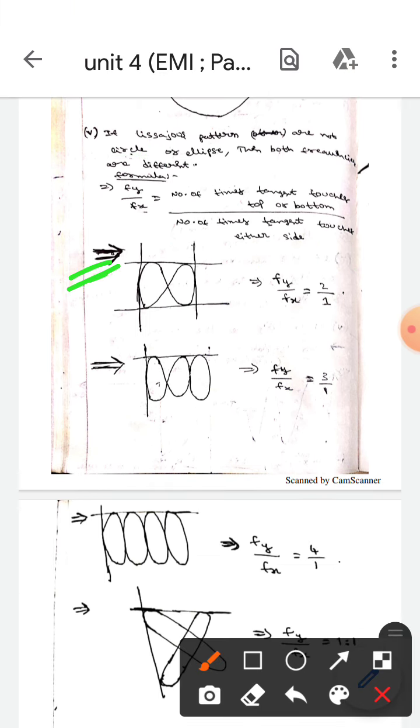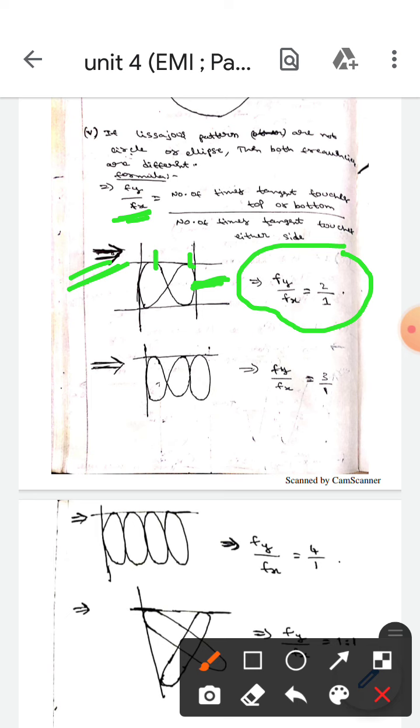Here look at this first diagram. If you observe, by using this formula, at the top the tangent touches 2 times and on the other side the tangent touches 1 time, which means we can write Fy by Fx equals 2 by 1.